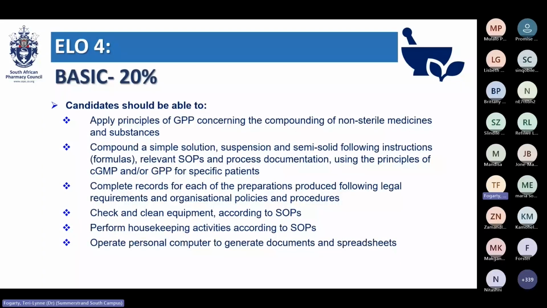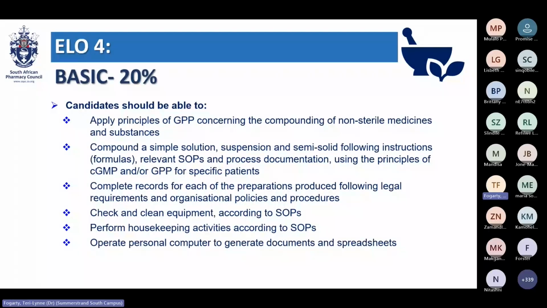And then finally, we look at principles of good pharmacy practice concerning the compounding of non-sterile medicines and substances. So the compounding, if you are working in maybe a community or a hospital pharmacy or even in a compounding pharmacy, what are the requirements for the smaller scale extemporaneous compounding of products?